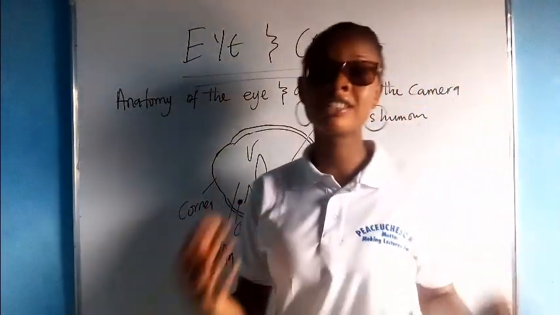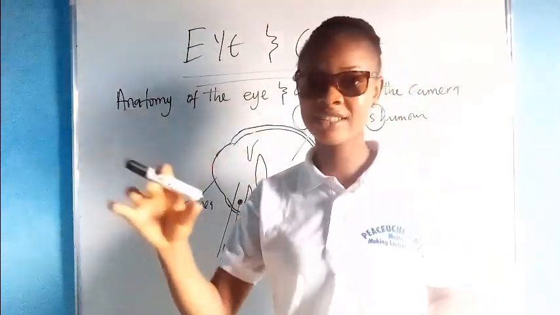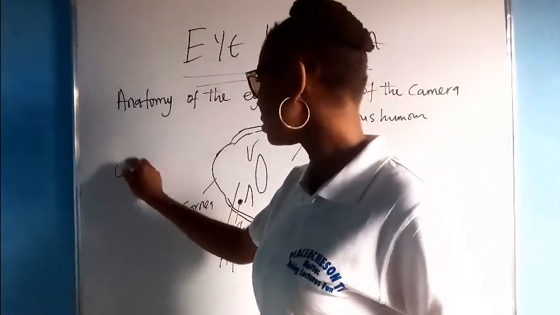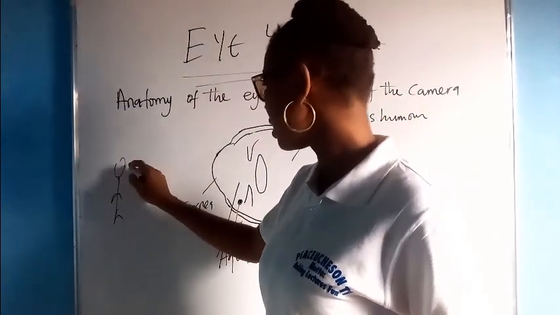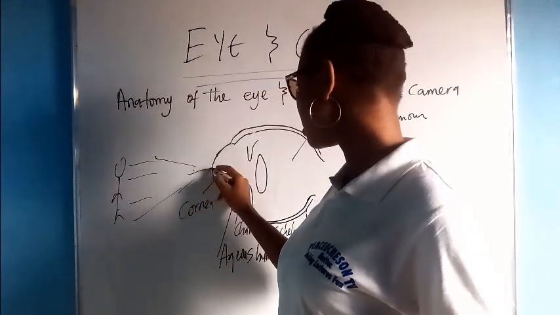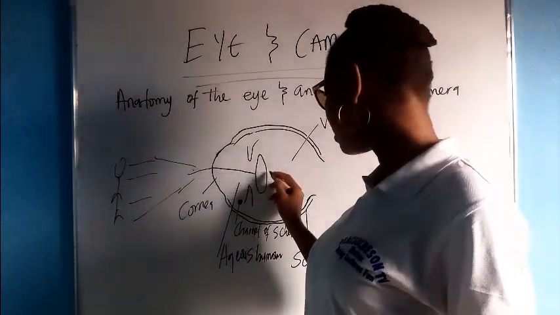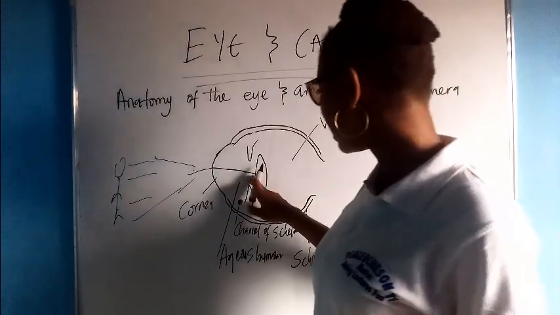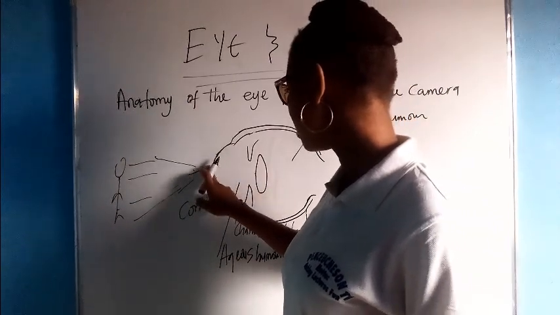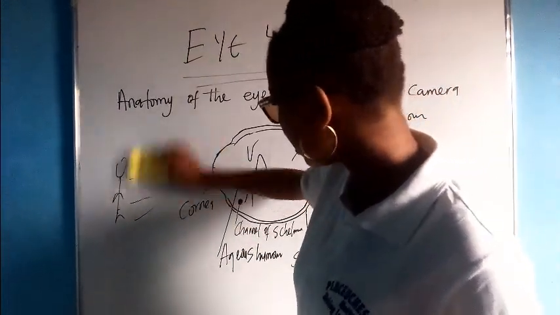The cornea is another sensitive part of the eye that refracts light rays. So if we have an object here and light rays are coming through, what the cornea does is to refract the light rays towards the lens. So the cornea helps in refraction.